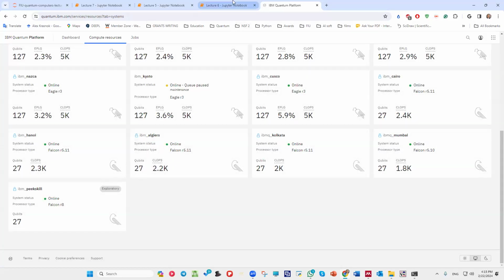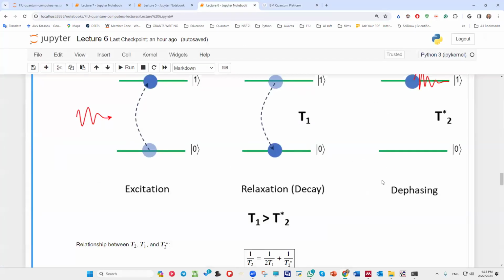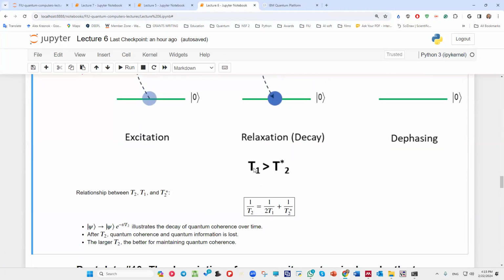Okay, so typical values for the relaxation and decay times are a few hundreds of microseconds for superconducting Josephson junction-based quantum computers. For other platforms, these times can be very different. For some solid-based quantum computers, these times can be seconds and even minutes.